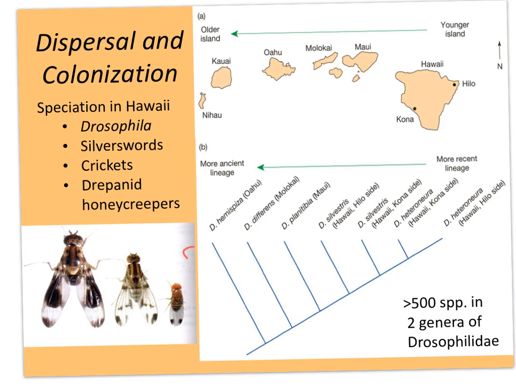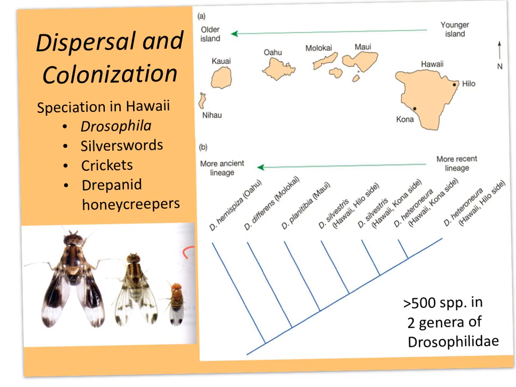Well, also, the Hawaiian Islands, if you've ever been there, there's a lot of topography, there's lush valleys, there's high volcanic mountains, all kinds of different habitat. So there was strong selection for that. So now there's about, I think, over 500 species of Drosophila, but they're all related to each other because they had a single most recent common ancestor that somehow made it to the Hawaiian Islands. Silver swords are a kind of plant.